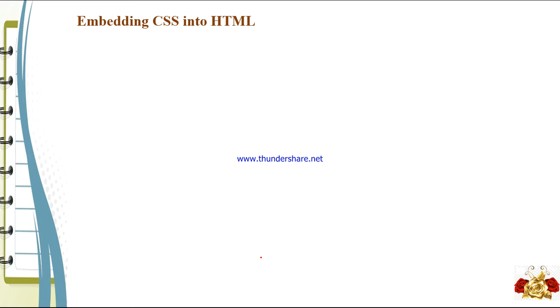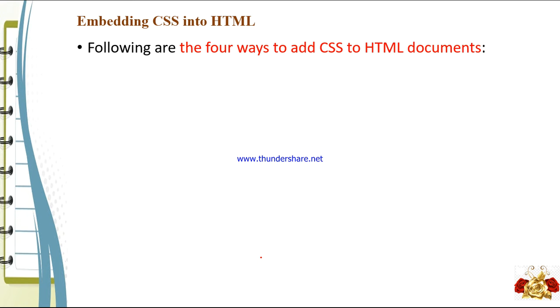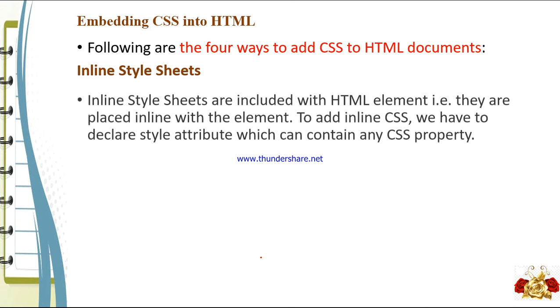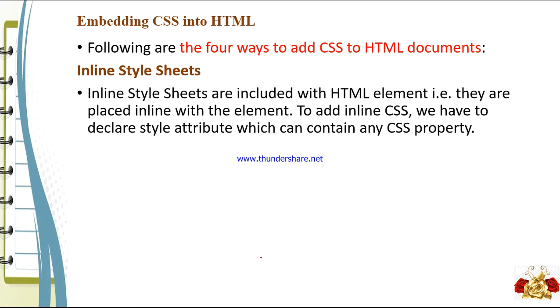Then embedding CSS into HTML. How to embed this Cascade Style Sheet into HTML? Here, you have four ways to add CSS to HTML documents. First one is the inline style sheet.